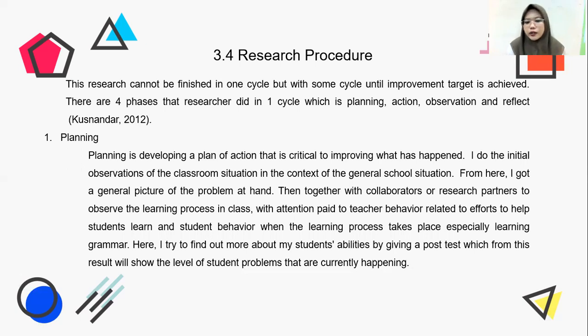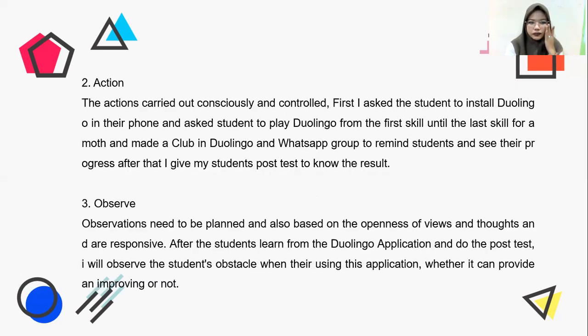Then, together with collaborators or research partners, I observe the learning process in class, with attention paid to teacher behavior related to efforts to help students learn and students' behavior when the learning process takes place, especially learning grammar. Here, I tried to find out more about my students' abilities by giving a pre-test, which will show the level of student problems that are currently happening.